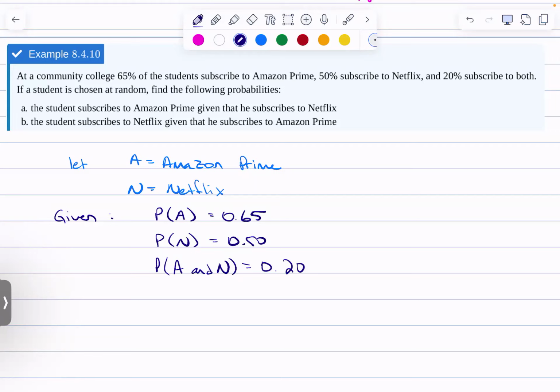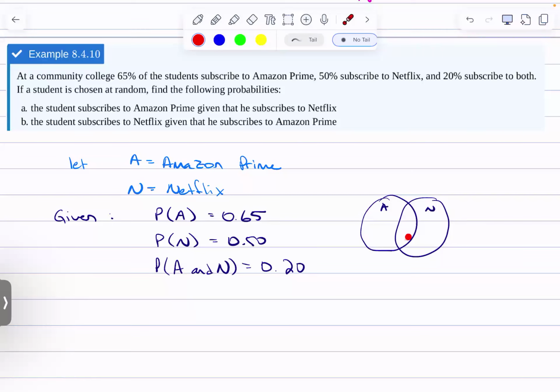Now, if you think about a Venn diagram, right, and we have A and N, two circles, this overlap would be 0.2. Okay? But the A circle, it doesn't care if you subscribe to Netflix or not.